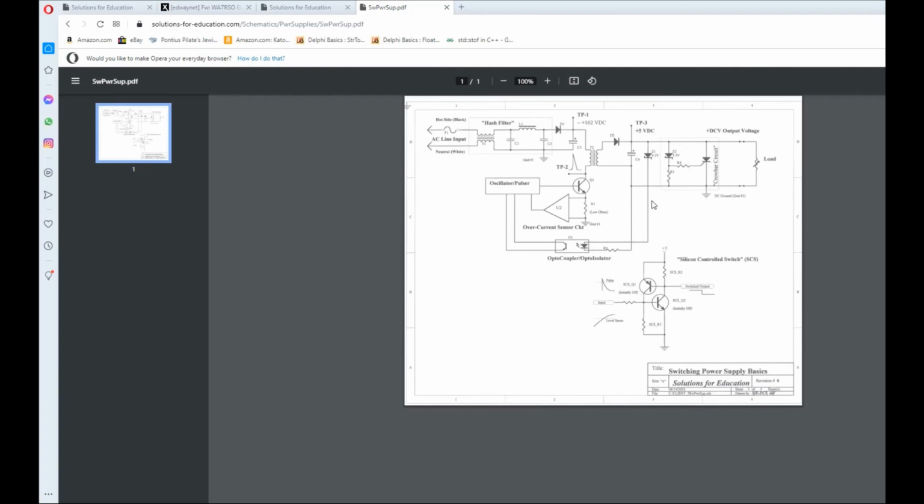Now, to isolate this circuit here from this circuit here, we have to have isolation, yet somehow pass a signal. Well, in this particular illustration, what we have is an LED and a phototransistor. The idea being, this resistance in here determines how much this will glow. The point is that when the voltage up here gets up to the voltage we want, because this fire here is just firing away, bang, bang, bang, bang, this is feedback to the oscillator, telling the oscillator, don't go any higher, don't go any faster.